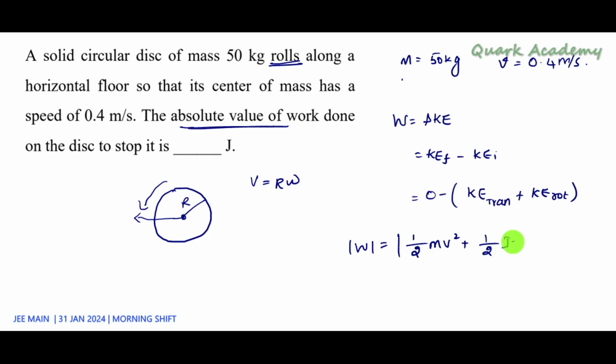Rotational kinetic energy is half I omega squared, where I is the moment of inertia. And for a solid disk, the moment of inertia about an axis passing through the center of mass is given by 1 by 2 M R squared. It should be small m, because I have used small m already here for the disk mass.